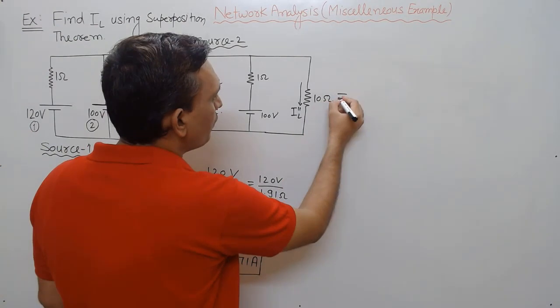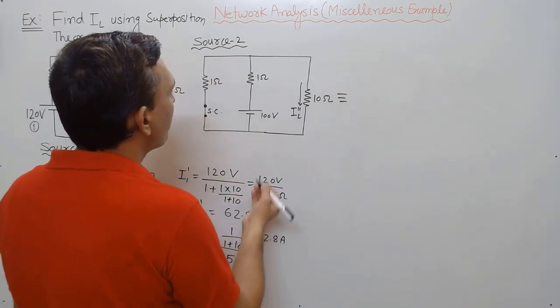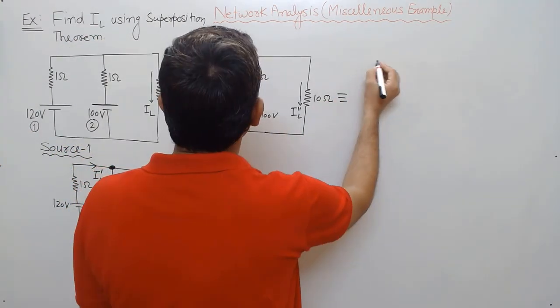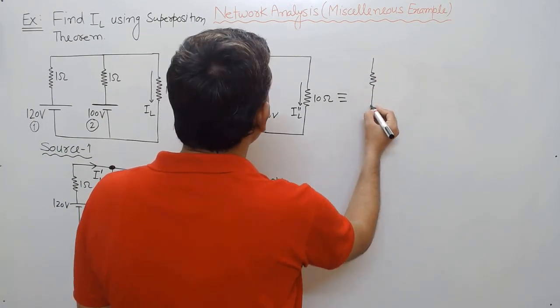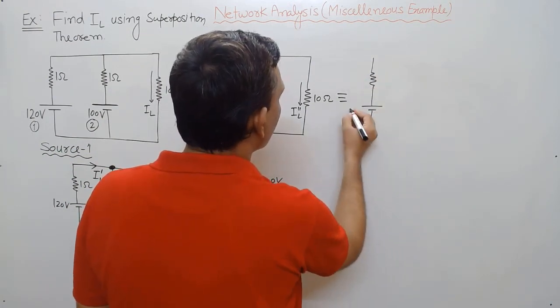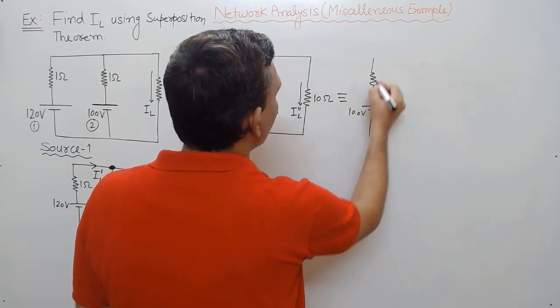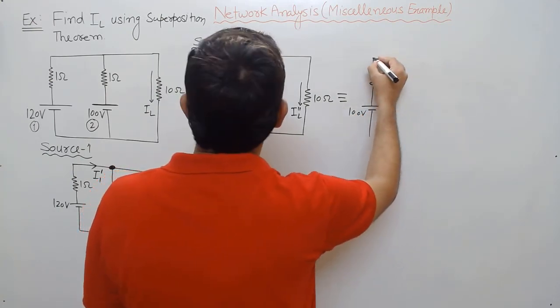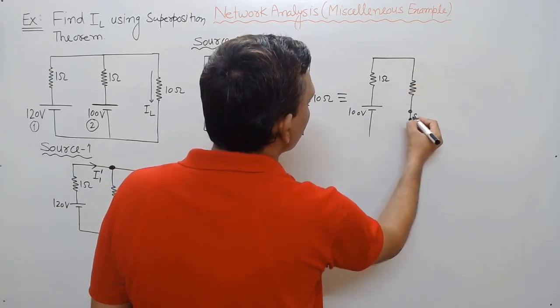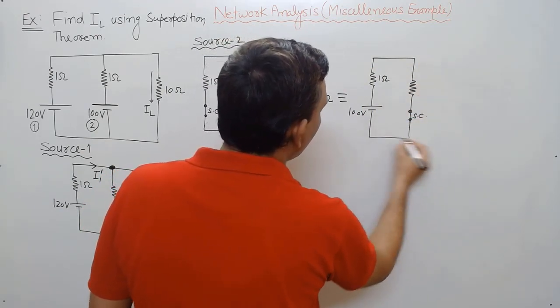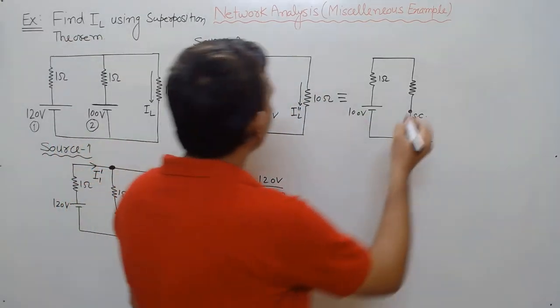So you can further draw the equivalent. So this can be again, you can draw 1 ohm. This is 100 volt, 1 ohm. This is again 1 ohm. This will be short circuited. The same circuit can be redrawn in this form.